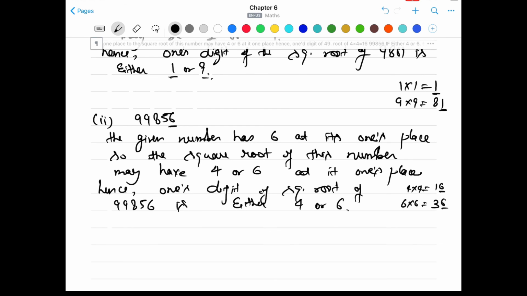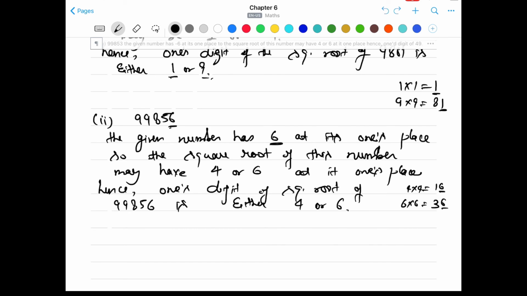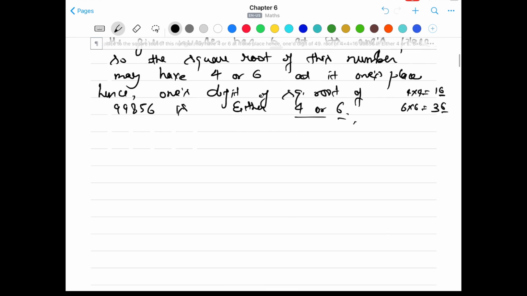Since this number is ending with 6, that means this number has 6 at its unit place. So we get 6 only in the case of 4 and 6. So the square root may have 4 or 6 at the unit place. If you find the square root of this number, you will have either 4 or 6 at the ones place. Now come to the next one.